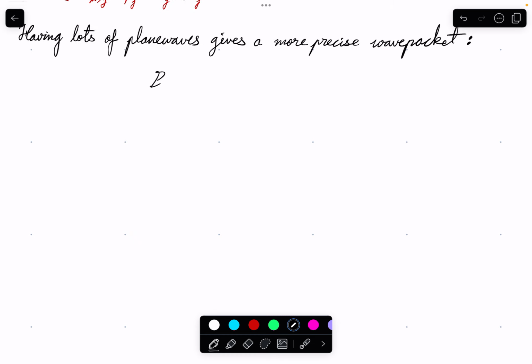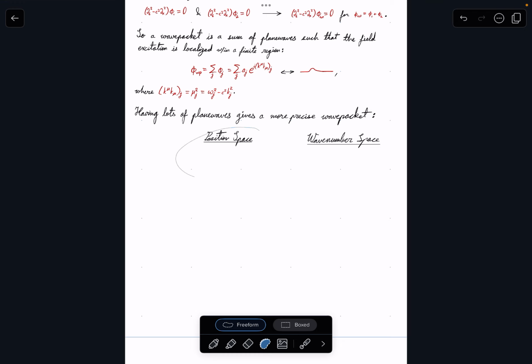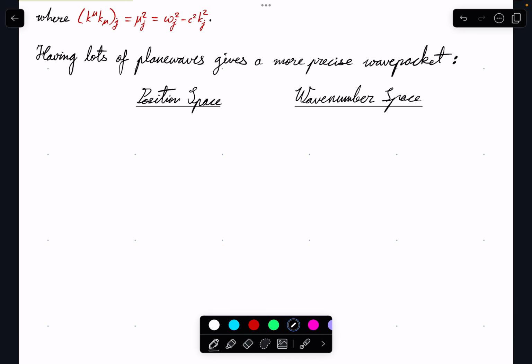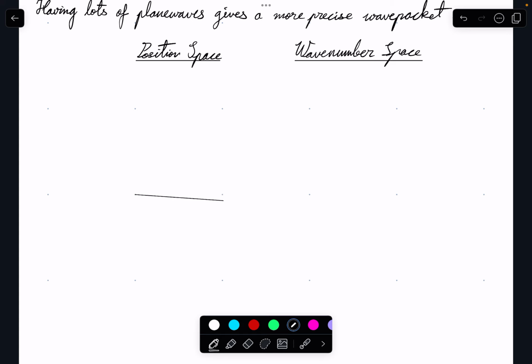So if we have position space and wave number space, supposing that this is representing position space, and this is representing wave numbers, all possible wave numbers.